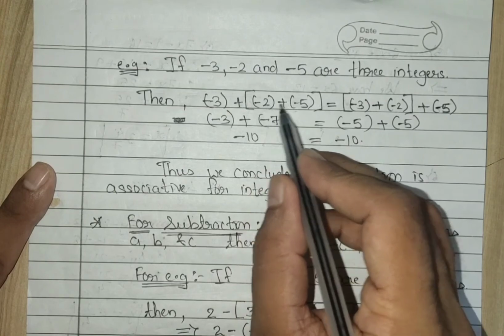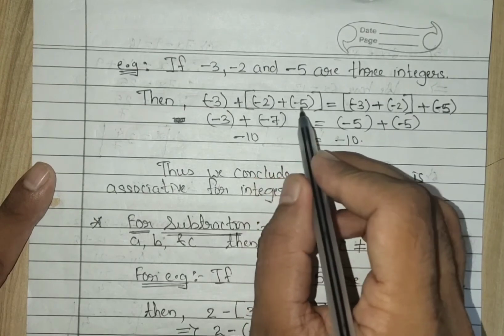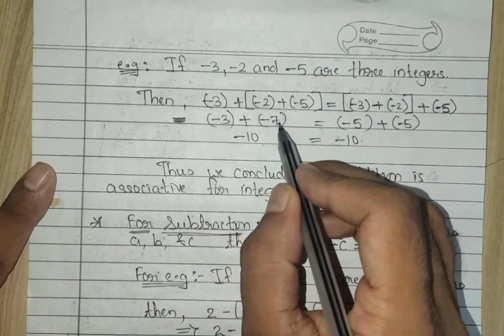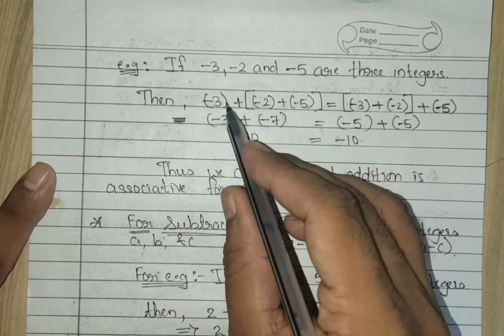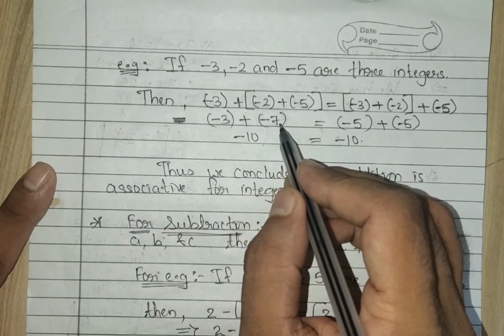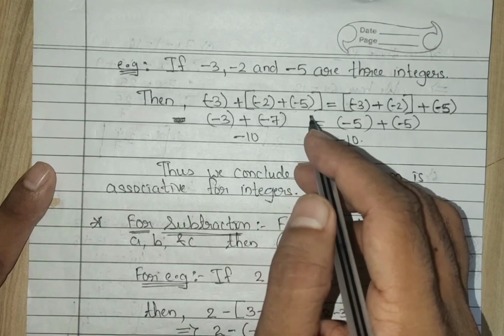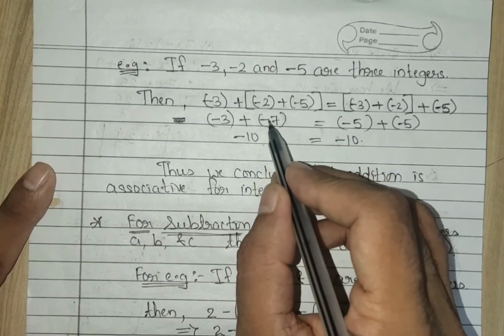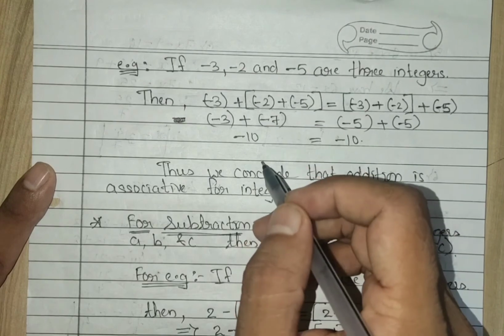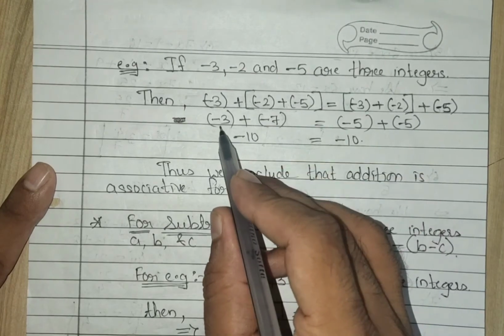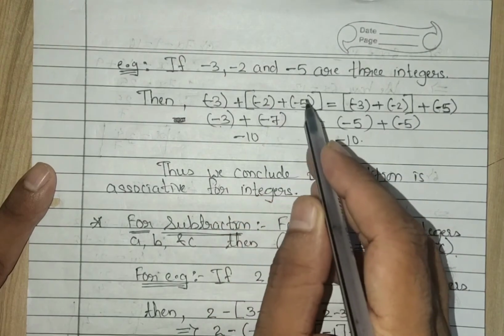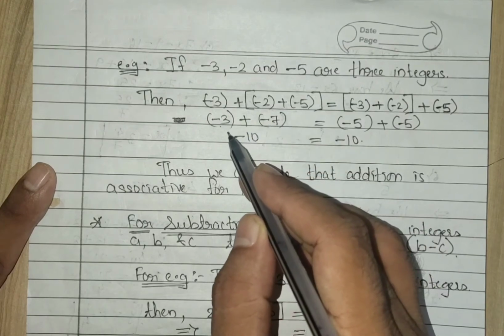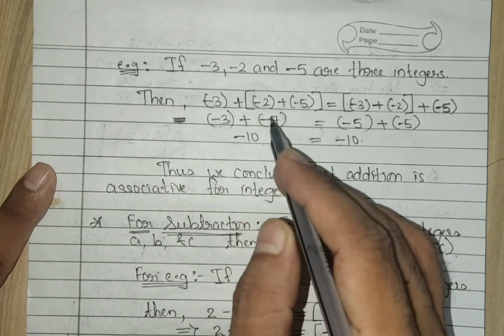I am not explaining the calculation right now because you know the calculation very well from exercise 1.1. The resulting answer of b plus c is minus 7. And adding a to the resulting answer of b plus c, I get the answer minus 10.